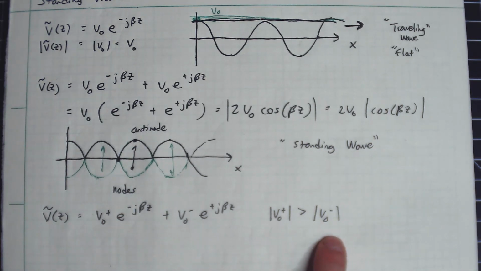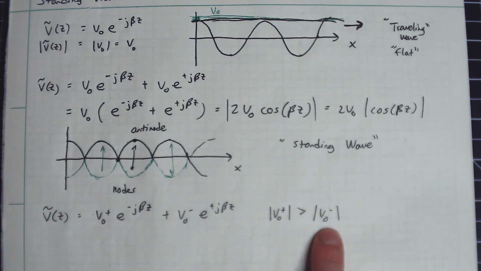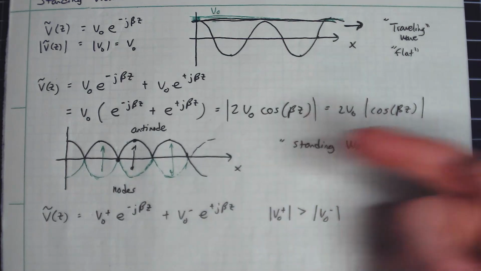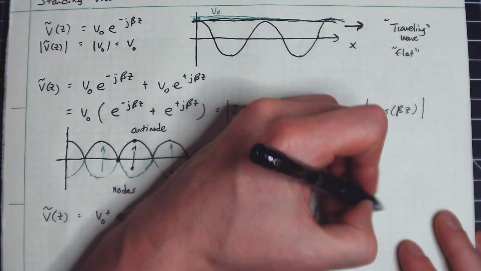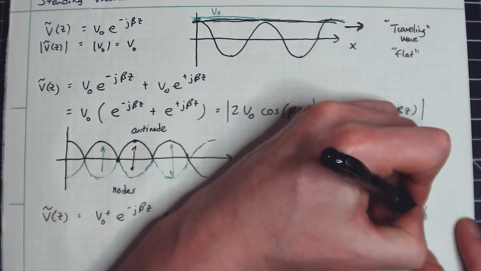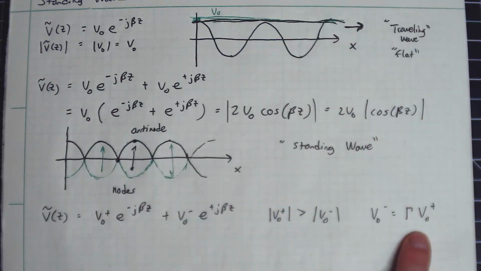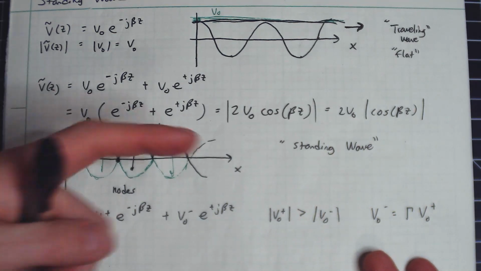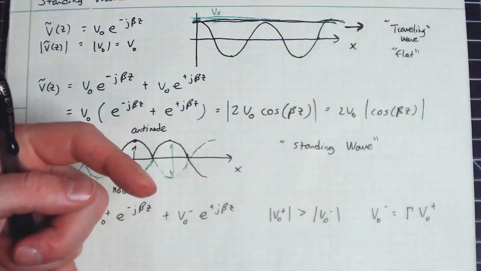So what normally happens in the world of transmission line theory is this reverse propagating wave is a result of some mismatch at a load. So I'm going to add the extra condition that V naught minus is equal to gamma times V naught plus, because this is a common scenario. We have mismatched loads where I'm exciting it with one wave, and the reflection due to the mismatch is going the other way.